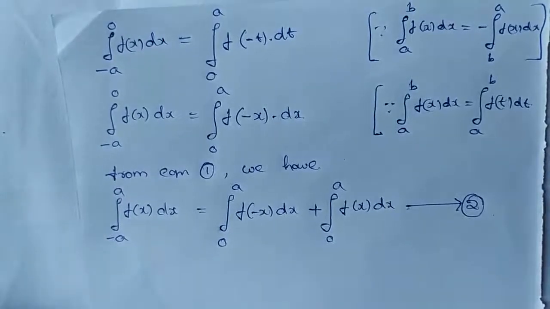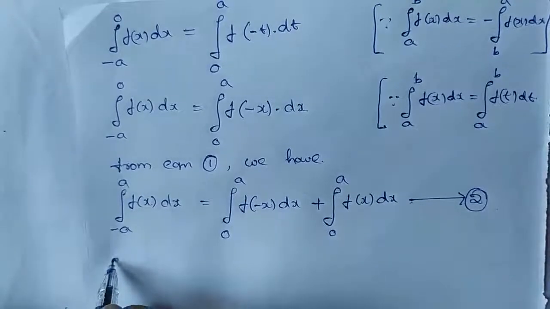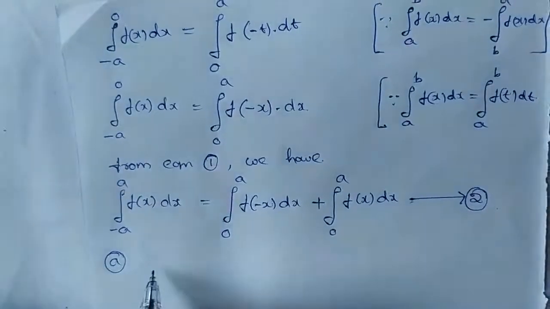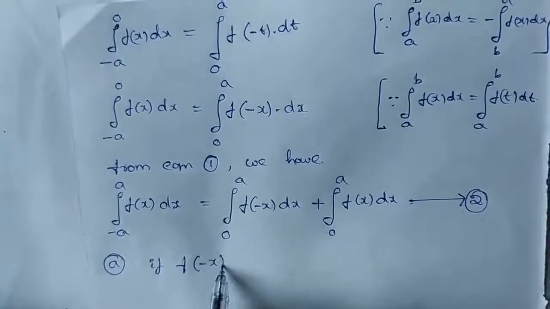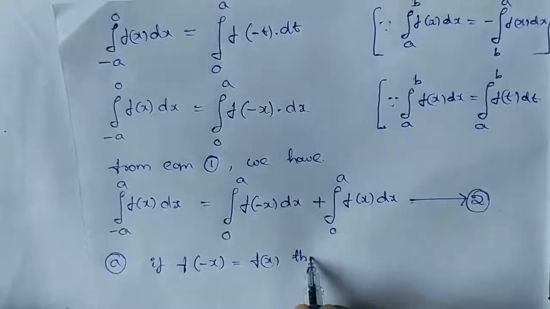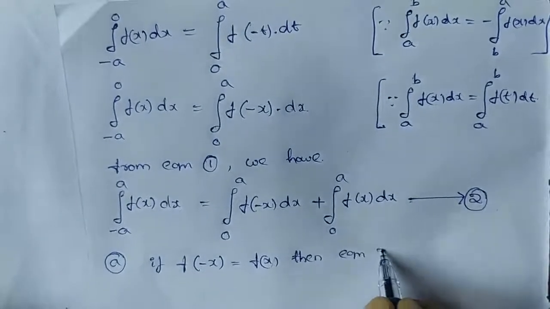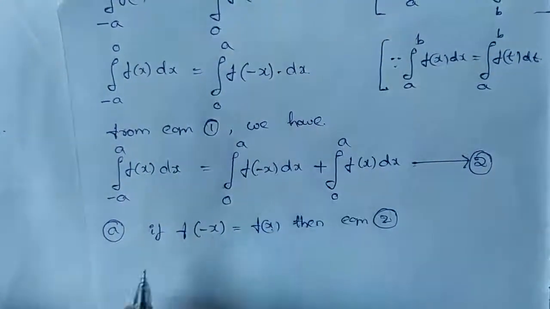Suppose again, if f of minus x equals plus f of x, then in equation 2, let us put f of minus x equals f of x. Then what will we get?